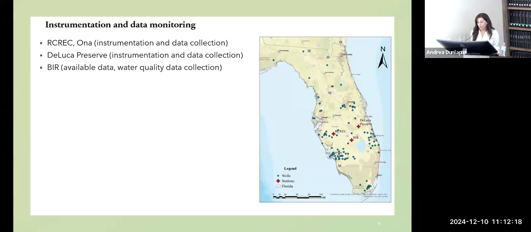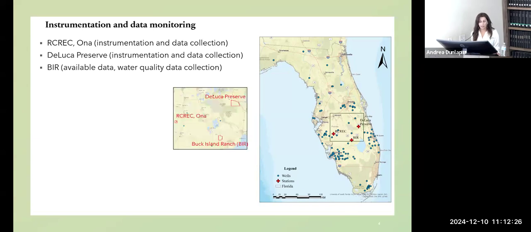The three red symbols that you see there are the locations of our research centers: the Range Cattle Research and Education Center here at Ona, the Lupa Preserve, and Buck Island Ranch.